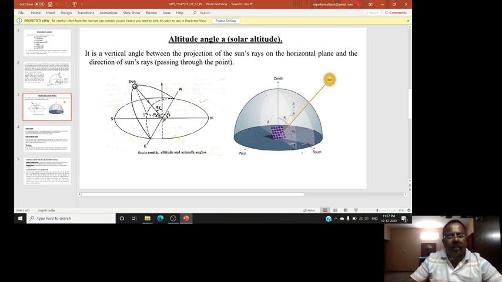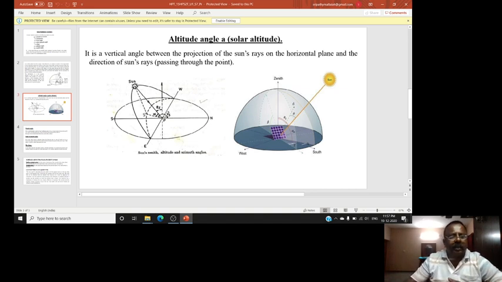It is the vertical angle made between the projection of the sun rays on the horizontal plane and the beam of radiation. So this is nothing but alpha, that is the altitude angle or solar altitude angle, what we are calling alpha.